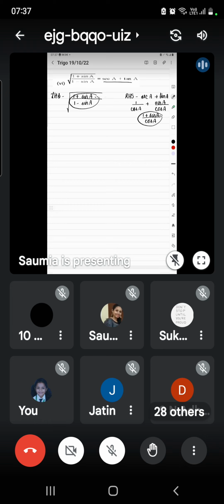Remember yesterday we said we can simplify the LHS separately, we can simplify the RHS separately, and then we can get into it. We can do this that way also. But from here, how do I come to this? How do I bring cos A here? Anybody? Nobody?